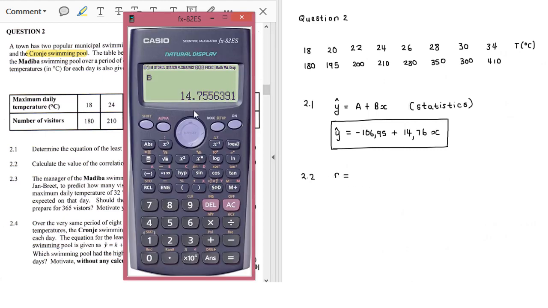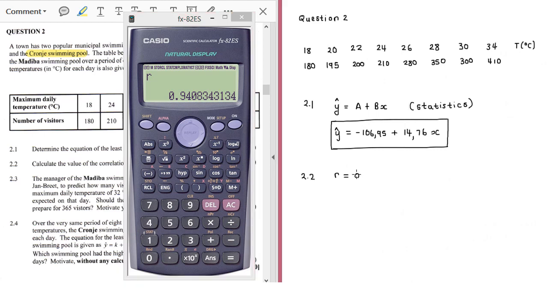So if we pull the calculator back up and go shift 1 again, back into regression, this time we go into option number 3, press equal, and we see that our R is basically 0.94, which again just confirms the fact that yes, we have a positive strong correlation between these two data sets, but not a very strong correlation.